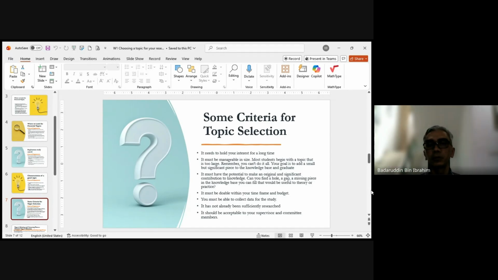The third one: it must have the potential to make an original and significant contribution to knowledge. Can you find a hole, a gap, a missing piece, and so on? And then it must be doable within your time frame and budget. Of course, your PhD is 3 years, your master's level 1.5 years, so within the time frame.